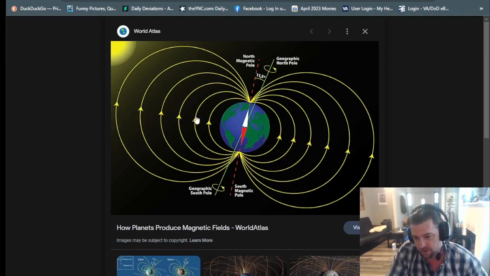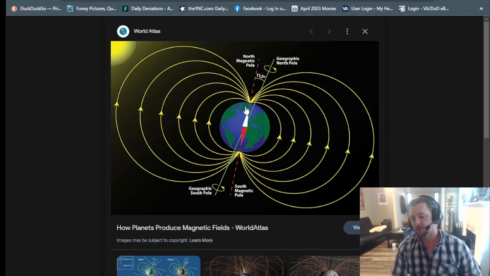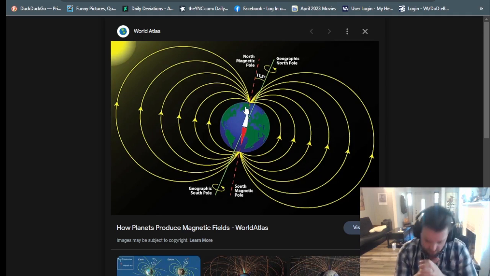rays of virtual photons shooting off into space randomly, they're all going to have a start point and an end point. It's all going to be a complete loop. This is what a magnetic field looks like, and they can do some pretty crazy things. And a gravimetric field also looks like this.